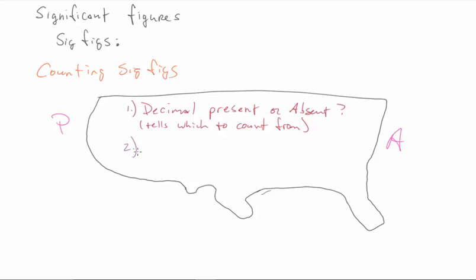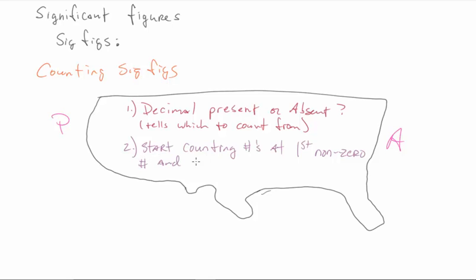Number two, once we figure out which way we're going to start counting from, we begin counting numbers at our first non-zero number.